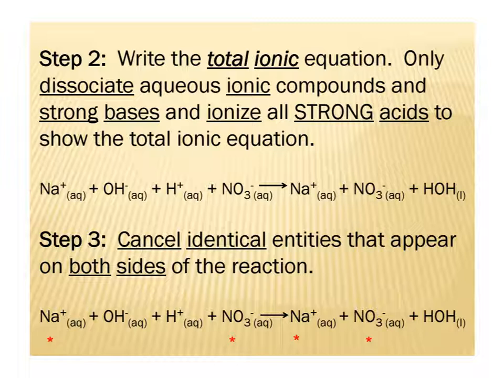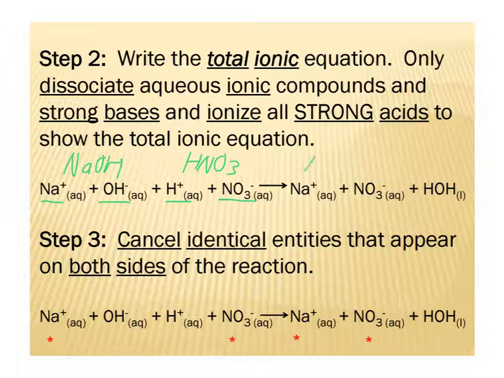So after we have our non-ionic equation, we can now ionize or dissociate any compound that will form ions. So we had NaOH originally, and because it's a strong base, it will dissociate 100% into sodium ions and hydroxide ions. Next we had nitric acid, HNO3. Because it's one of the 6 strong acids, it will ionize 100% into hydrogen ions and nitrate ions.